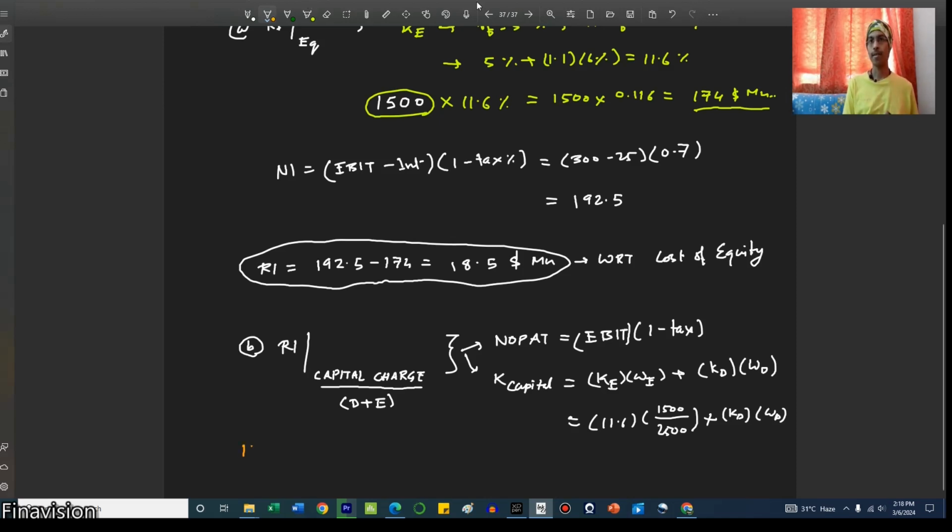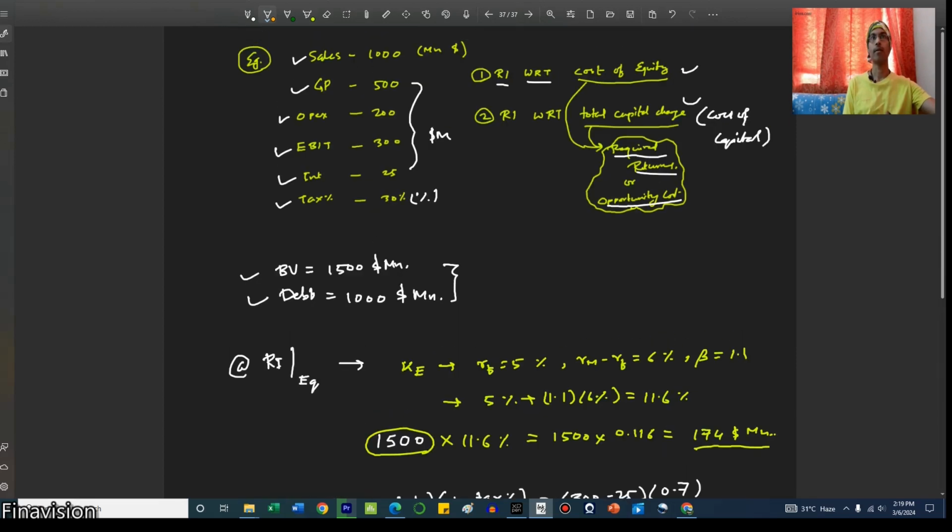Now the cost of debt is equal to interest percent adjusted for tax. Here if you see, the interest amount was 25, and the debt amount is 1000.